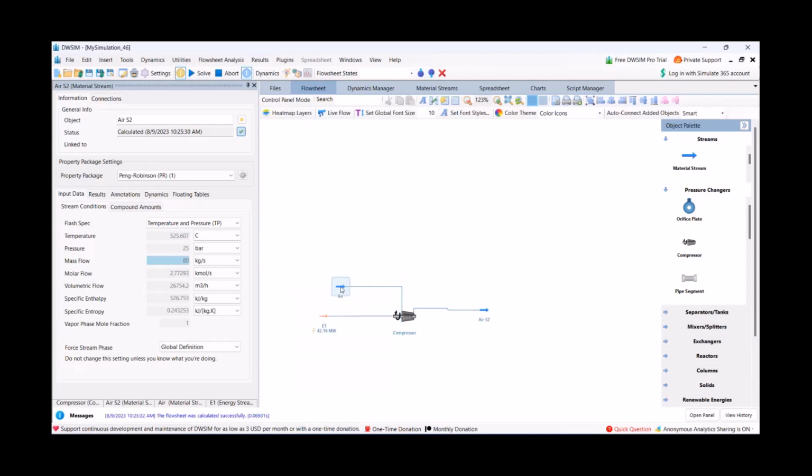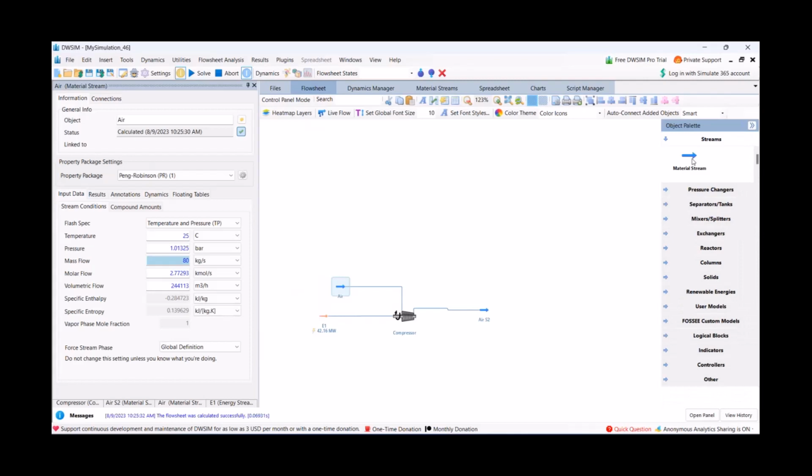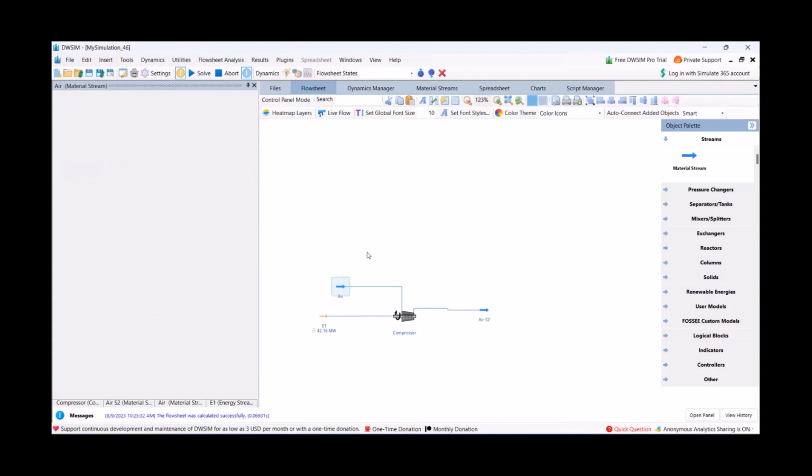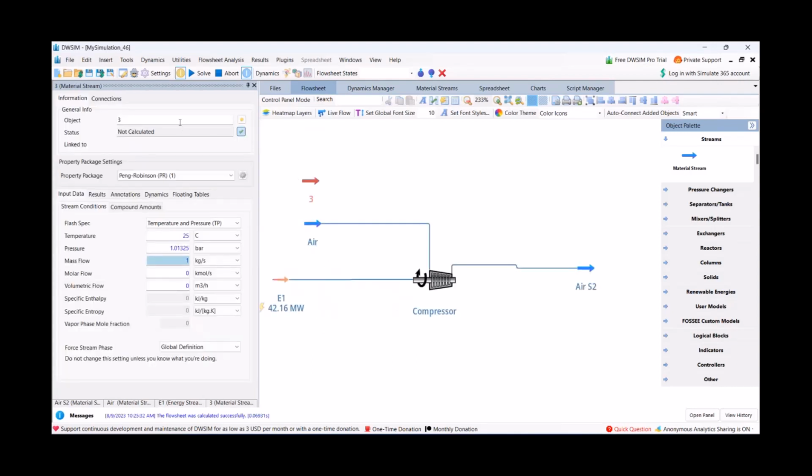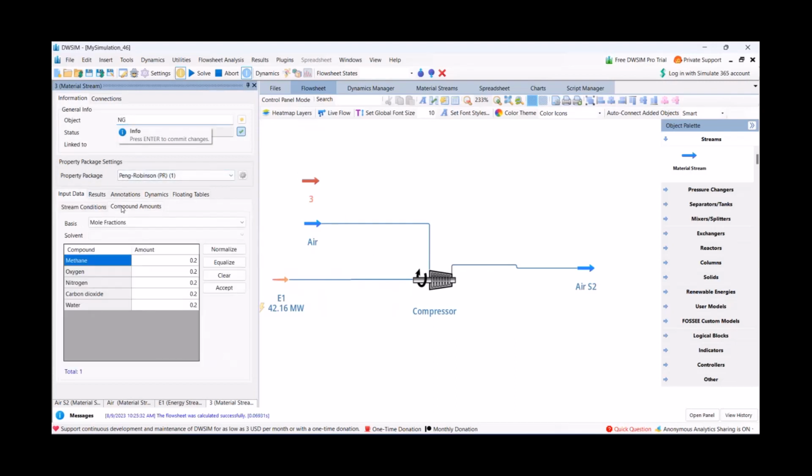And after air, you need a natural gas stream. I will name it natural gas, and again the compound amounts we need to change.